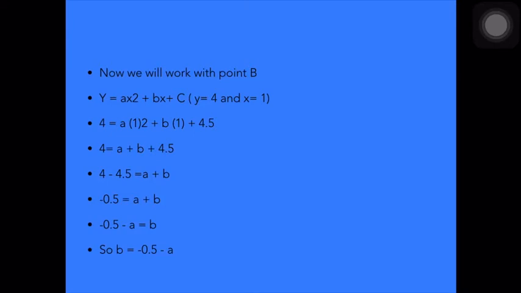So when we calculate it, it comes out that we're isolating b alone to let it stand on its own. And finally, b is equal to negative 0.5 minus a. So this is the b for point B.